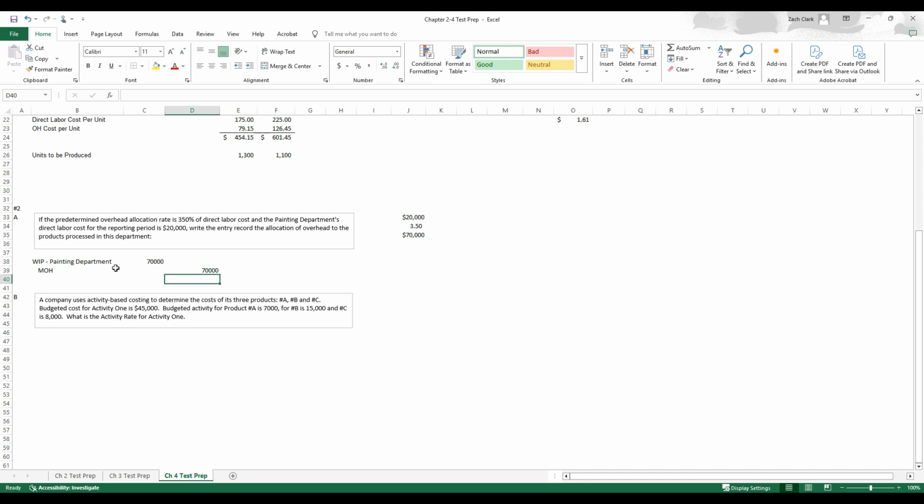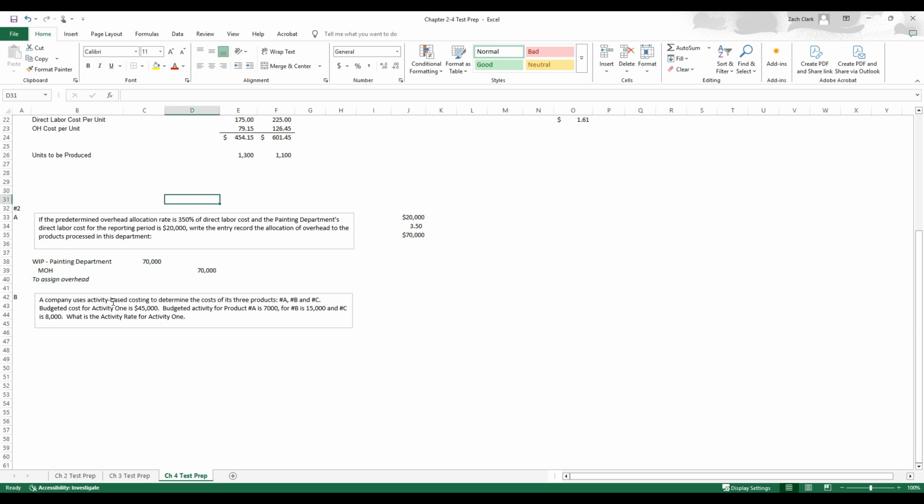Remember, because that's the stuff we compare at the end of the period and zero out to cost of goods sold if we need to. But this is just the application, so the applied overhead using 350% of the 20,000. And just for good measure, we'll say to assign overhead. Okay, so that's a journal entry there.